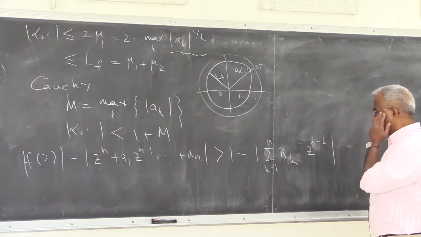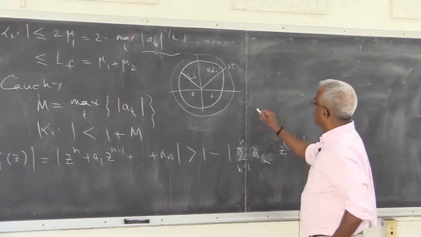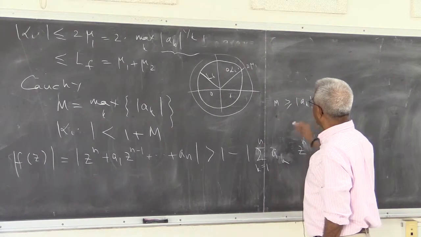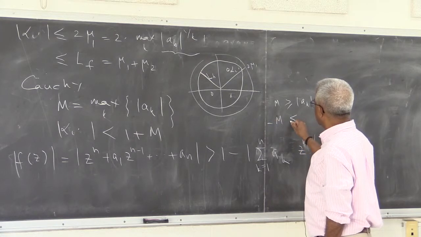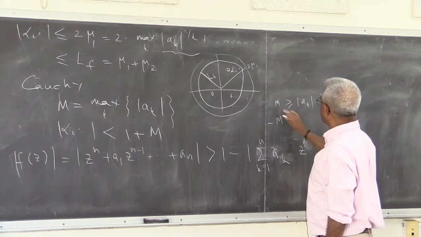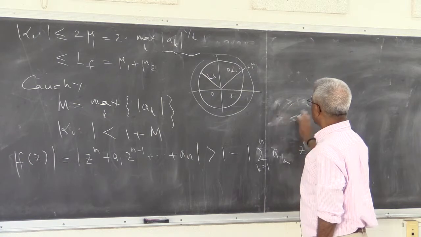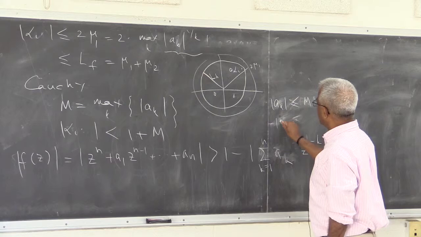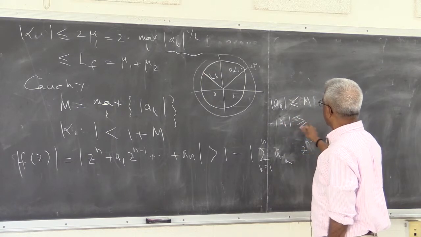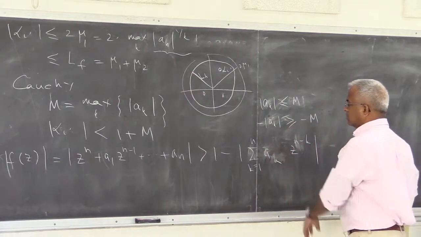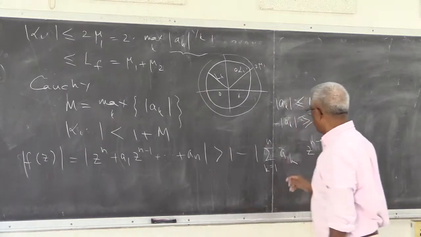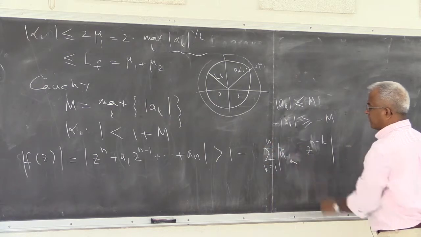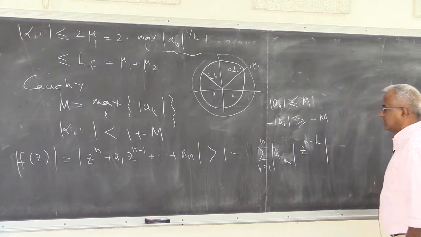But M is greater than or equal to the absolute value of ak. So all the |ak| are less than or equal to M, so minus |ak| are greater than or equal to minus M. When I take the absolute value, it goes inside the sum.